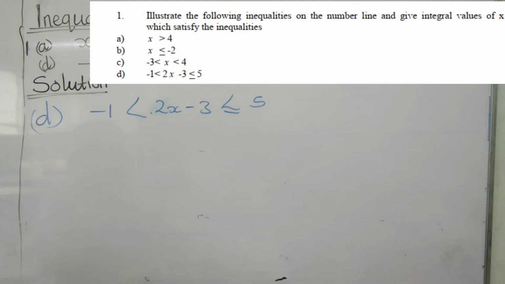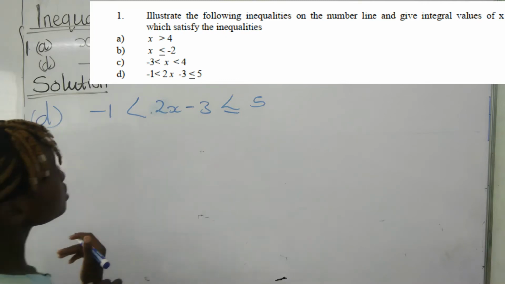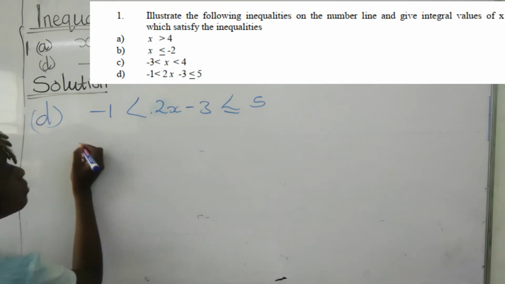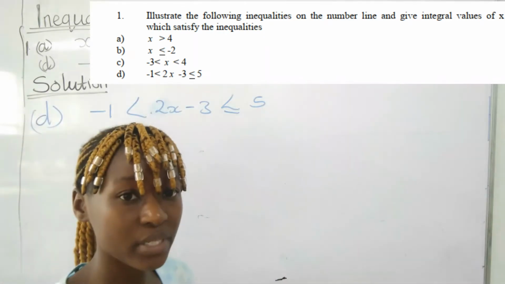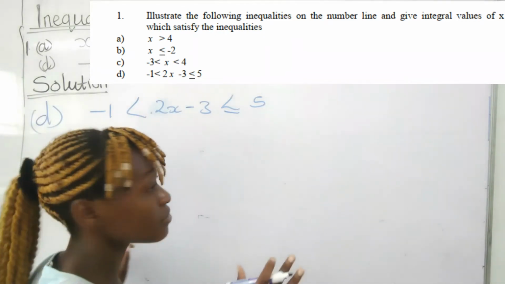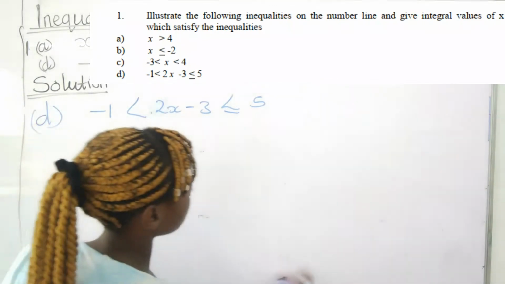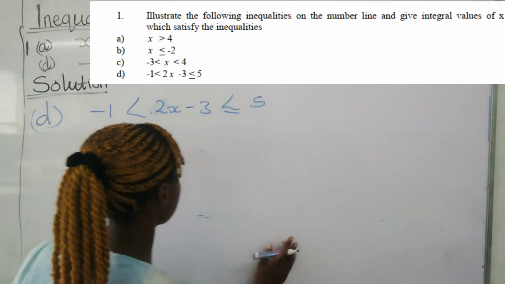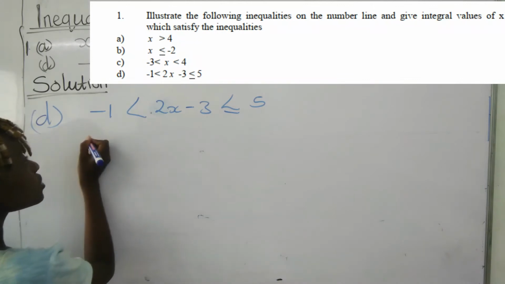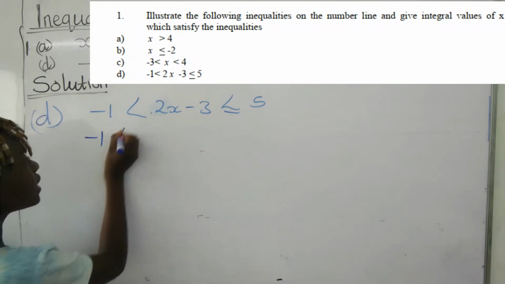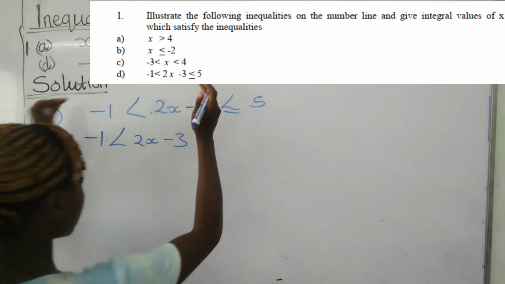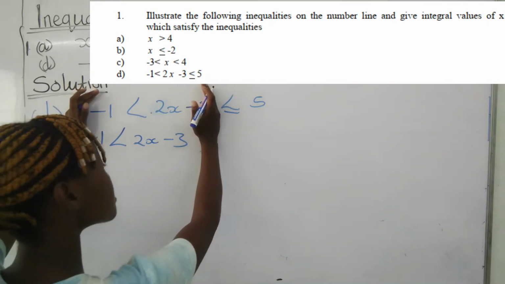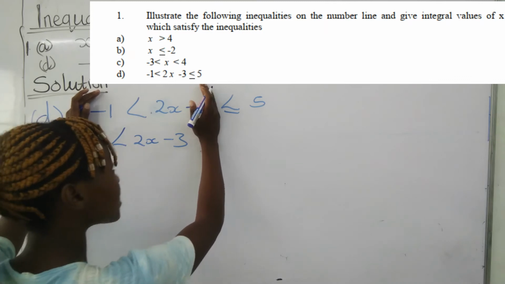So how do we simplify it? We simplify it bit by bit, part by part. We don't simplify everything at once. So we're going to say minus 1 less than 2x minus 3. You take the first part with the first sign. You just take one sign at a time.